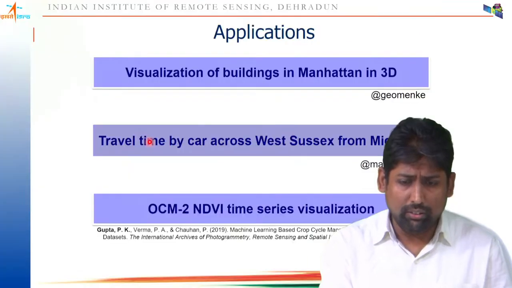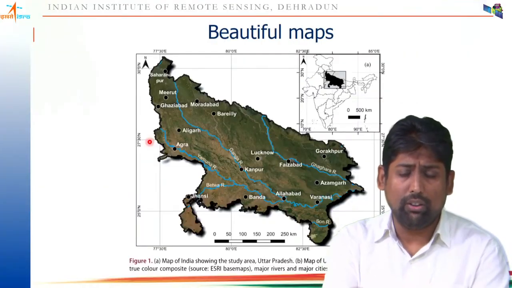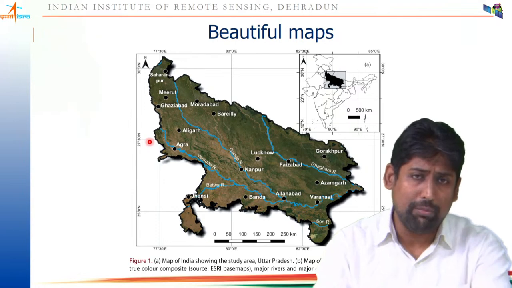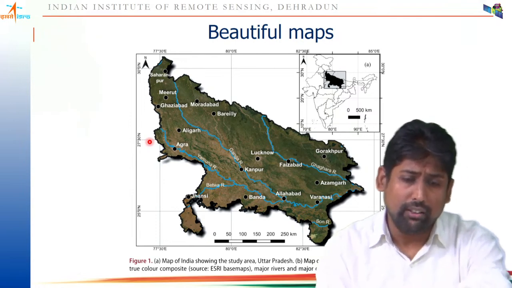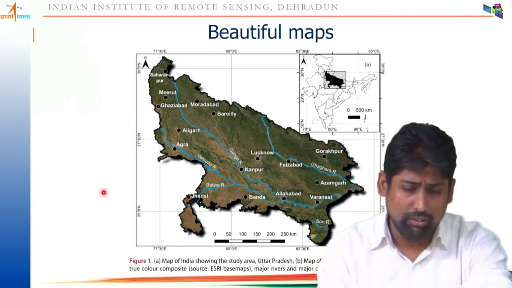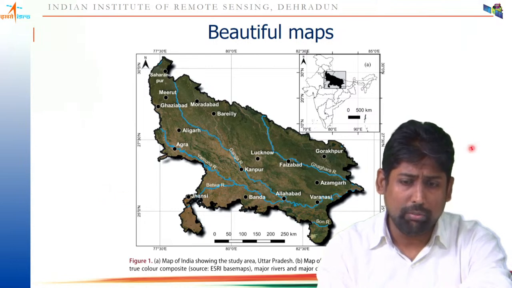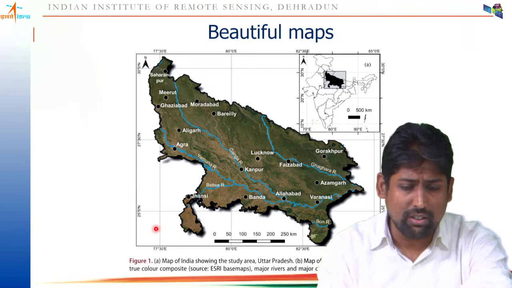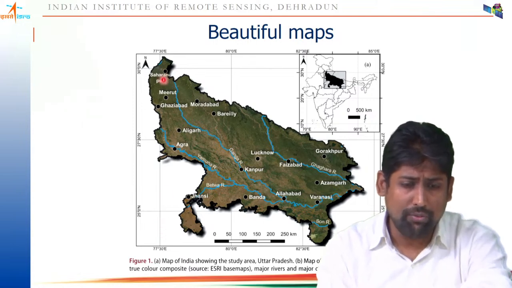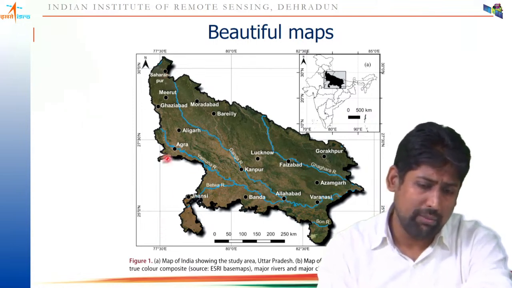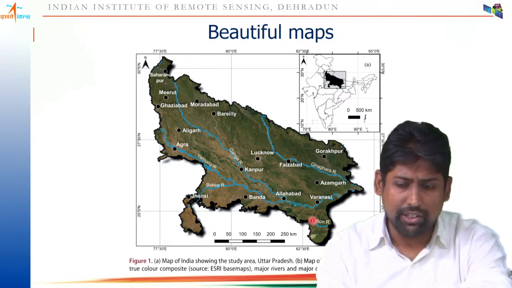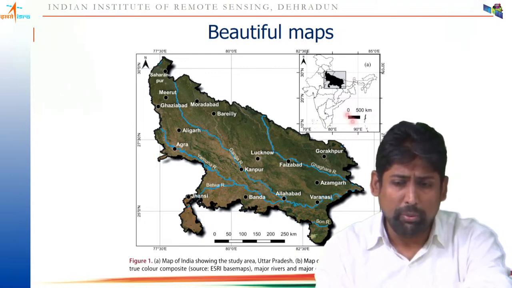So finally, you can obviously make very beautiful maps using desktop GIS. This is a map of the Indian state of Uttar Pradesh. You can have inset maps, grids, north arrows, legends, multiple types of fonts, multiple types of lines and shadows, and so many different things.